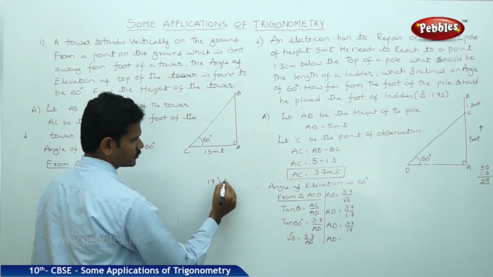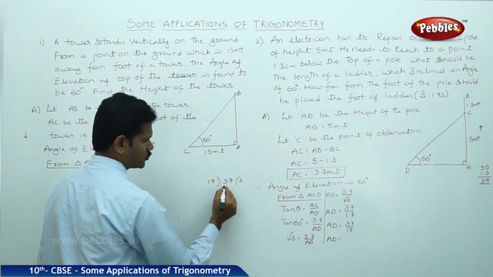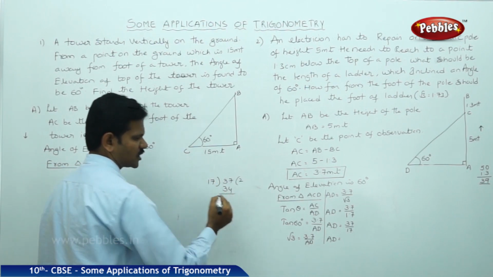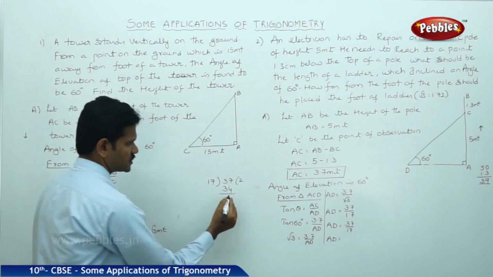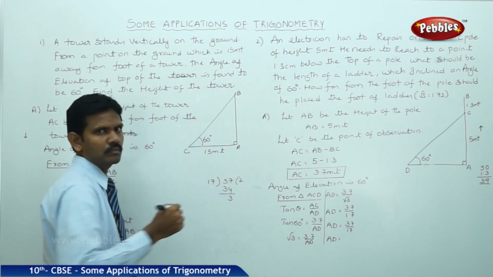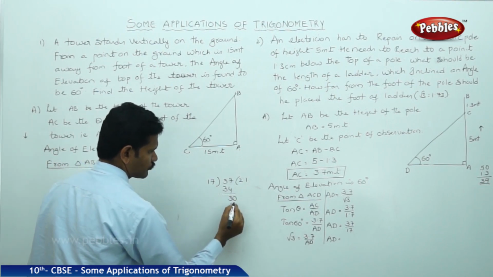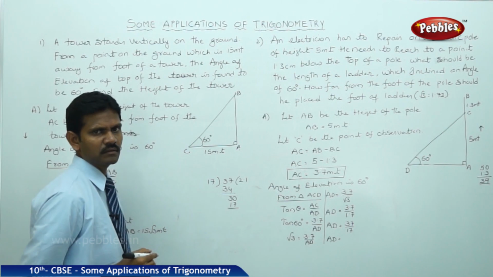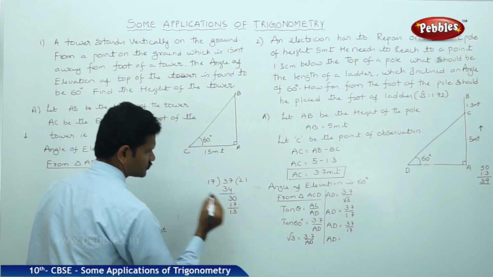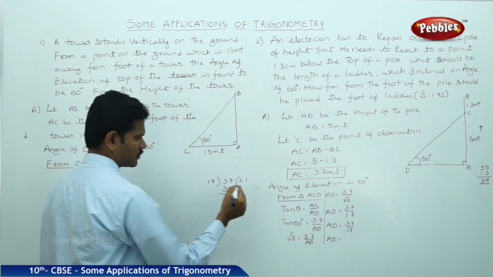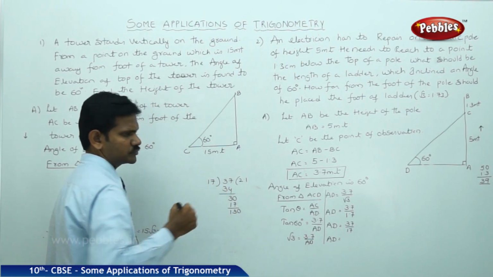That is, 17 twos are 34, that is 3.0 one time. 17, that is 13 is the remainder, again place 0.